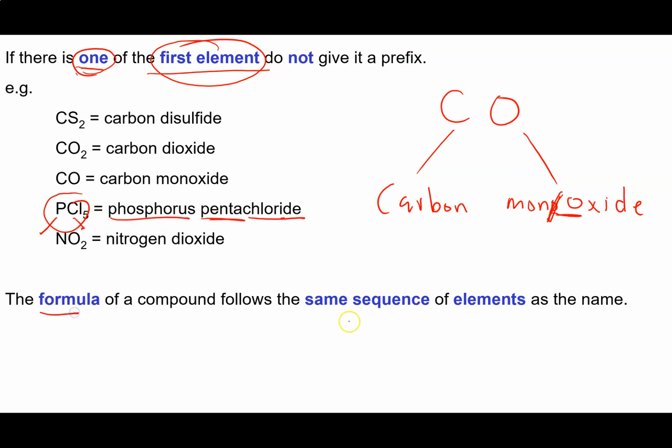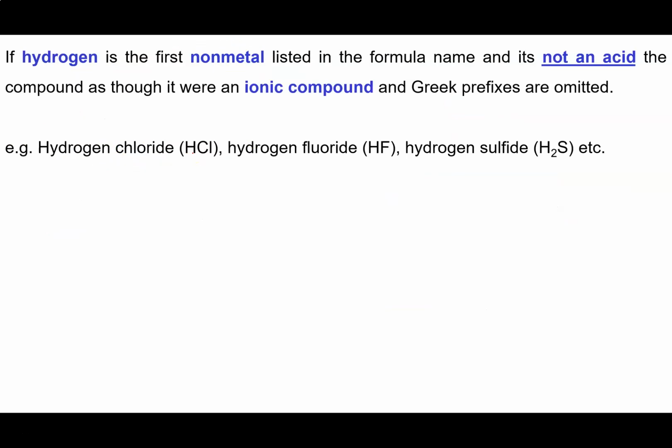Okay, the formula and the name follow the same sequence of elements, so it's always first element, second element, in both the name and the formula. Now, if the hydrogen is the first thing in the formula and they've made it clear that it's not an acid, so there's no mention of water, there's no mention of it being an acid, you're just going to leave out the Greek prefixes.